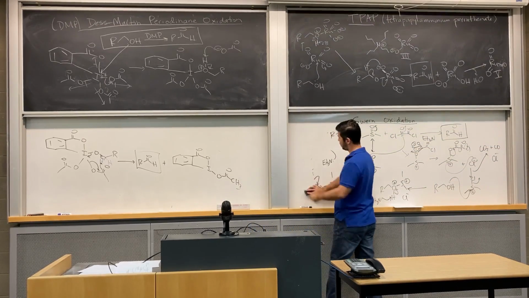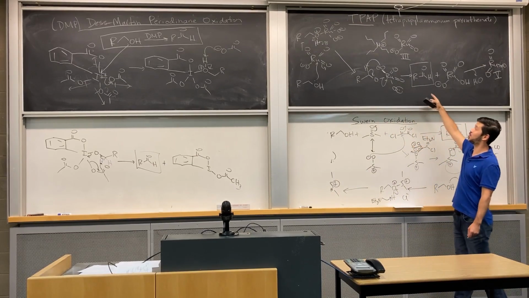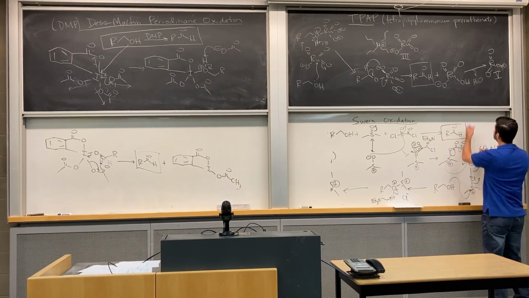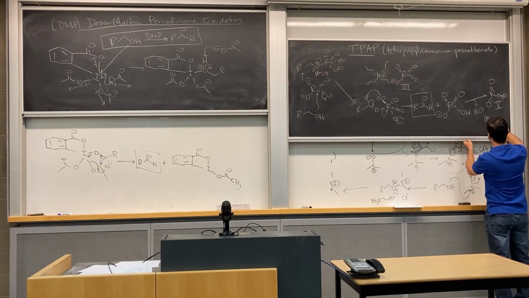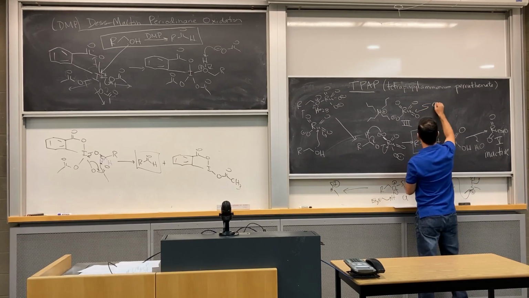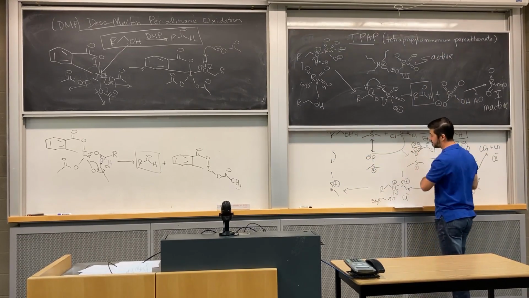But there's a problem, right? Because you can see for every molecule that gets oxidized to an aldehyde, we generate an inactive compound. So I'll write that down. This is inactive. This is active. So that's a bit of an issue.